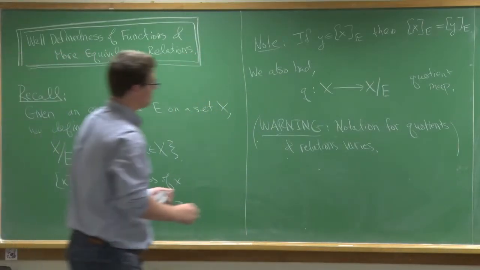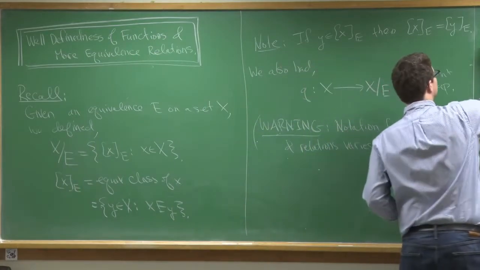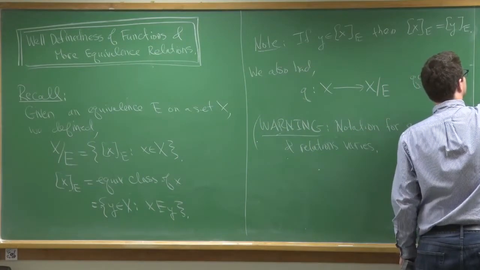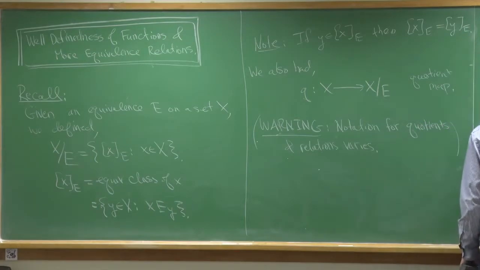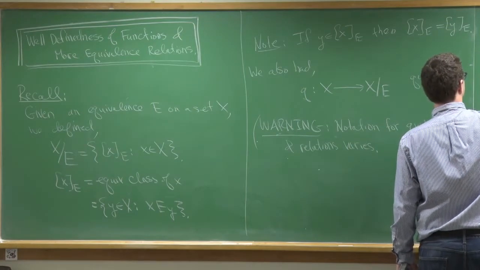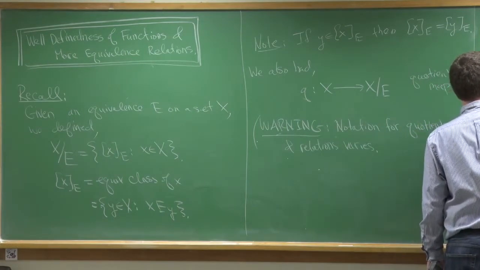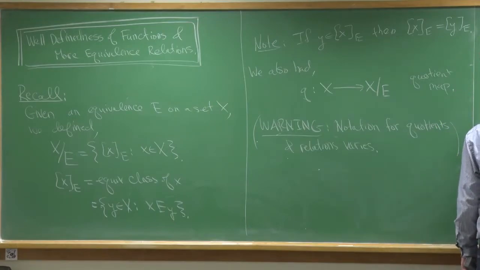One of the main examples was a relation on the integers, where we said x is congruent to y mod m if and only if x minus y is an element of mZ.